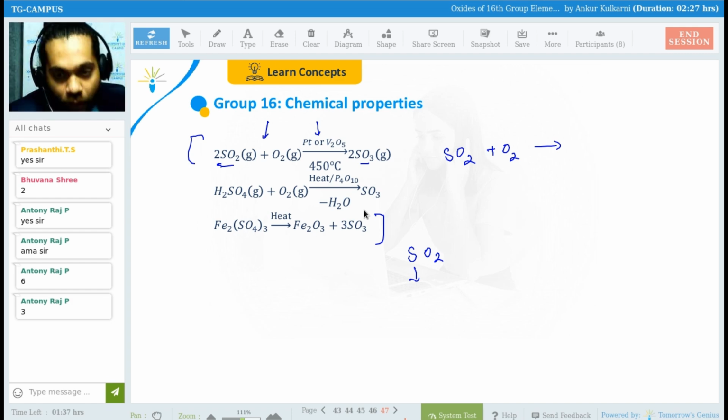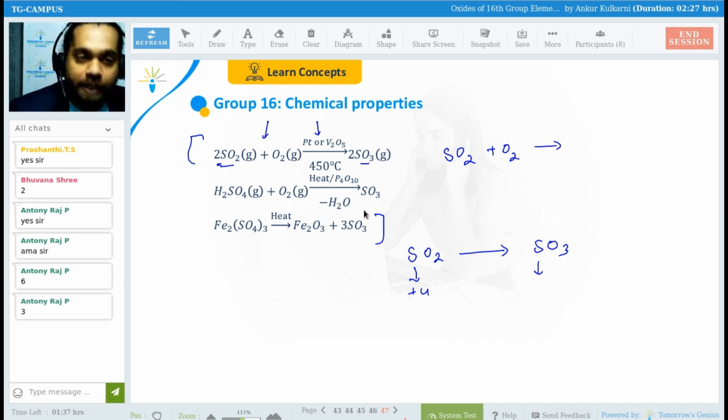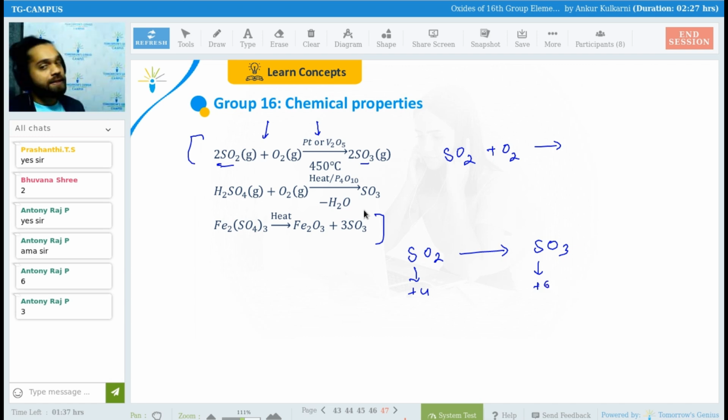Correct, it is +4. What is the oxidation state of sulfur in sulfur trioxide? It is +6. So +4 to +6.